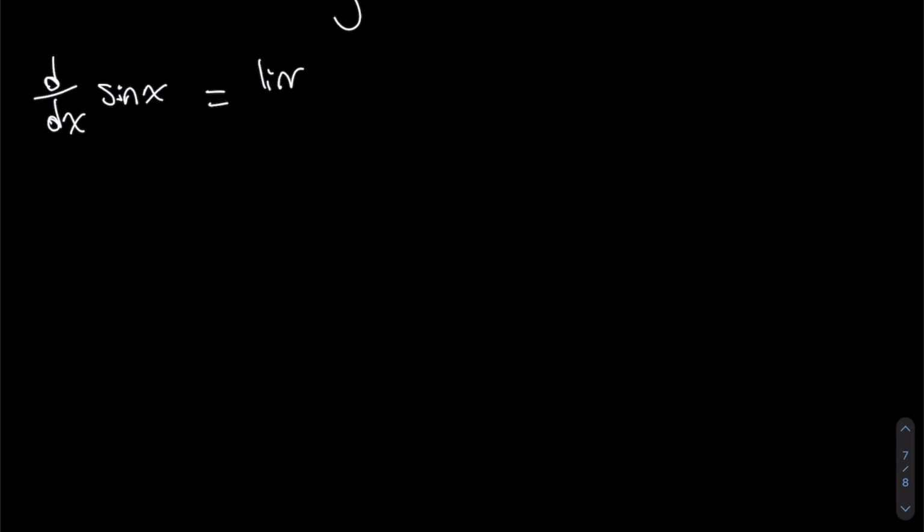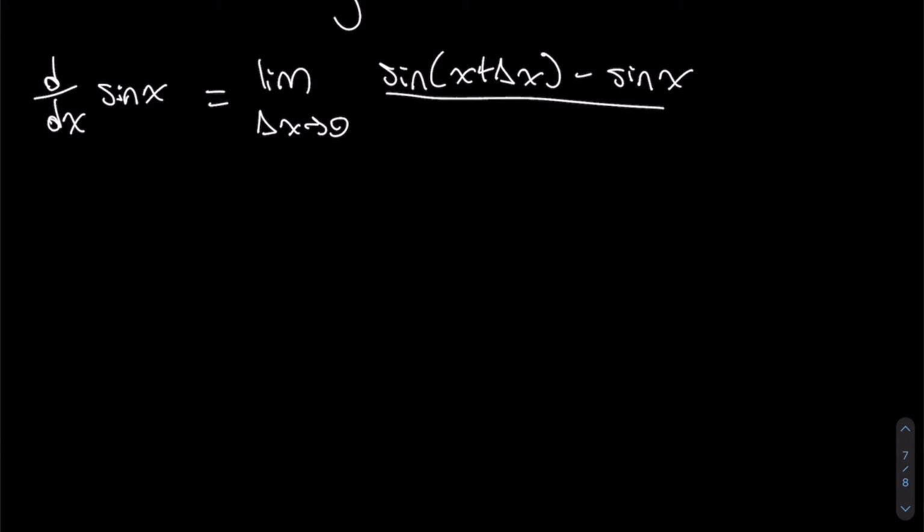Okay, so again, let's write out our definition. So sine of x plus delta x minus sine x divided by delta x. Now you have to remember the sum identity for sine.